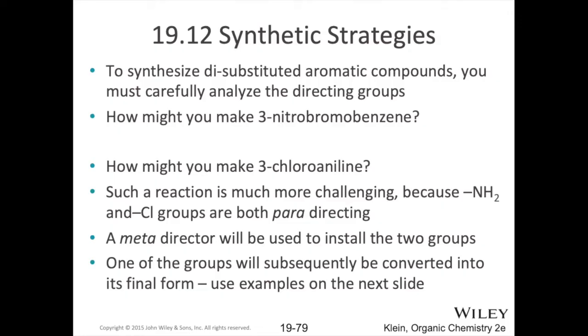Likewise, we have another example here of 3-chloroaniline. That means we have an amino group at the number 1 position, and a chlorine in the number 3 position. Both of these might not be very straightforward. In the case of a bromine and the nitro group, which one do we add on first?